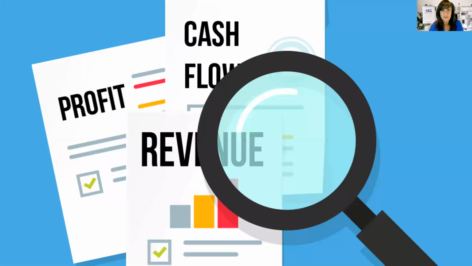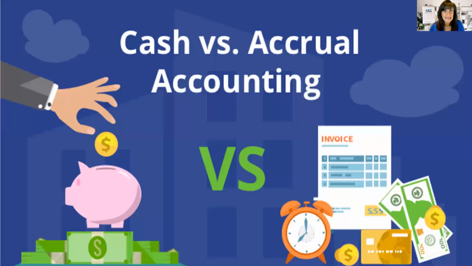Now, profit, revenue, and cash flow are not the same thing, but unfortunately, some of your employees don't understand that. They think of revenue and cash flow as kind of the same thing. We have lots of work, we're busy, so there's no problem, right? And they don't really understand cash versus accrual accounting.